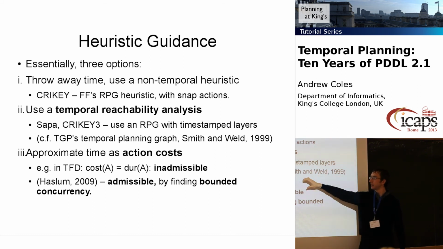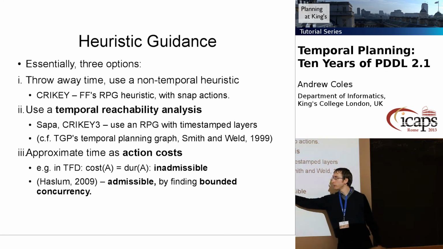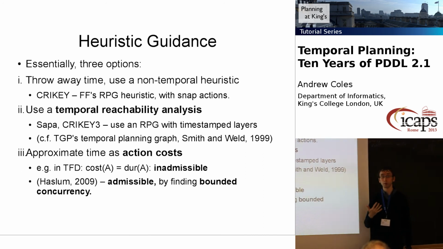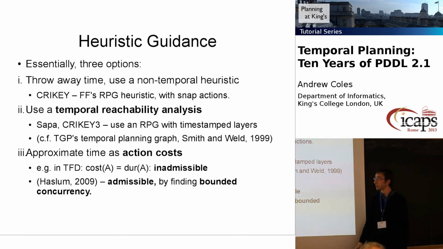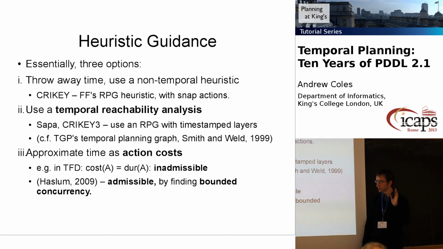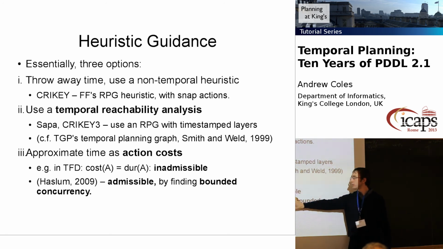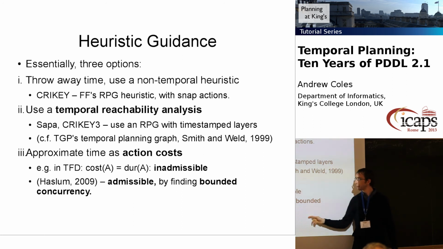So in TFD, we make an inadmissible approximation by saying that the cost of an action in our non-temporal heuristic is going to be whatever its duration was in our temporal problem that we're solving. It's not admissible, but it's quite informative, and it's a decent heuristic. Patrick Haslum had a little workshop paper in ICAPS 2009, where he came up with an admissible heuristic for temporal planning. So it's an admissible estimate of the makespan of the plan, and that was based on bounded concurrency.